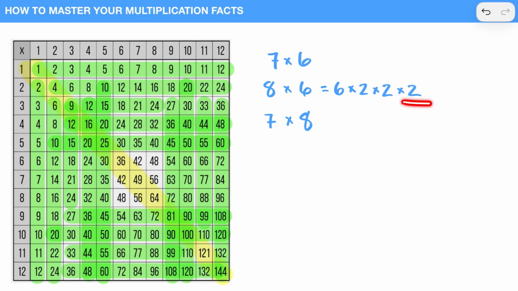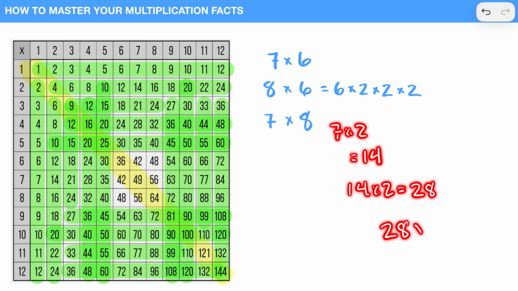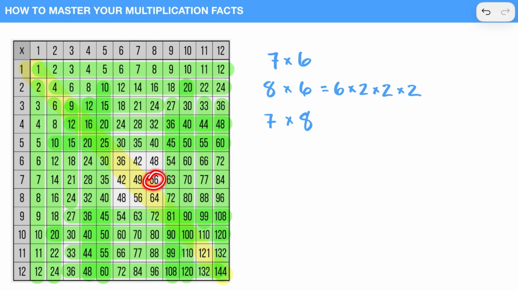Times 2 again, that is 48. Sure enough. Same thing with 7. This is 7 times 2 times 2 times 2. 7 times 2 is 14. 14 times 2 is 28. 28 times 2 is 56. Sure enough, there it is.